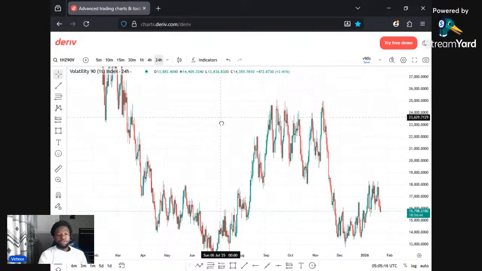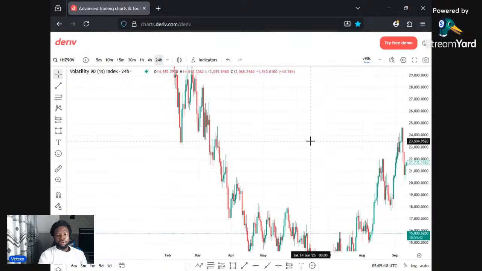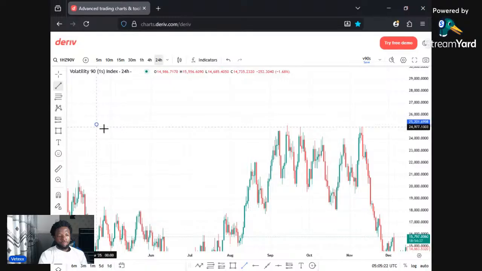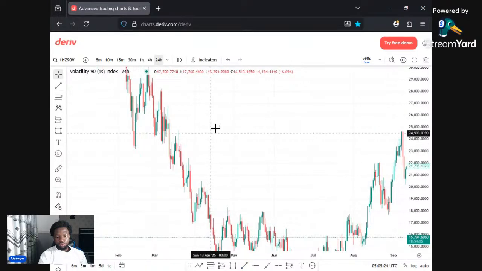So V91 is on the daily time frame. We have a sweep of liquidity right here. This is our sweep of liquidity.